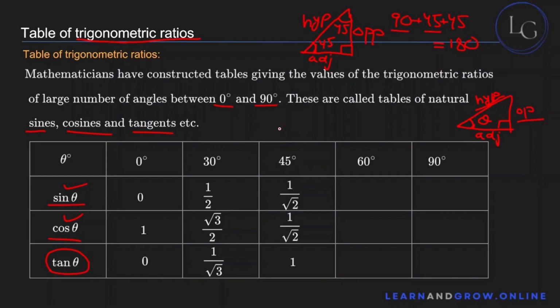Let's say that if the adjacent is 1 and the opposite is also 1, the hypotenuse can be found by the Pythagoras theorem, which states that the adjacent squared plus the opposite squared must equal the hypotenuse squared, sorry. So the hypotenuse is basically equal to the square root of 1 plus 1.